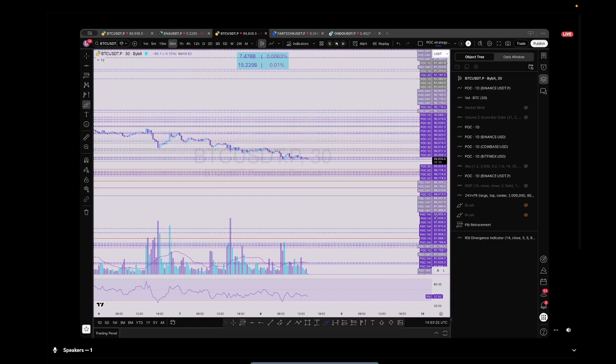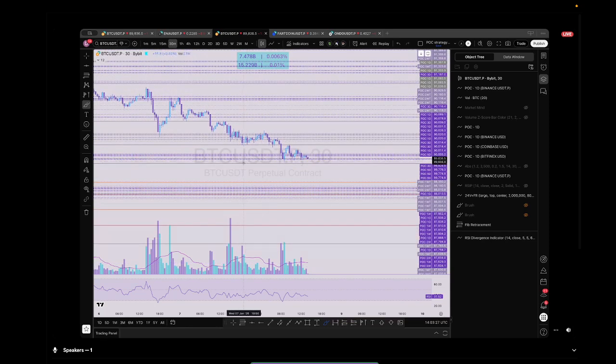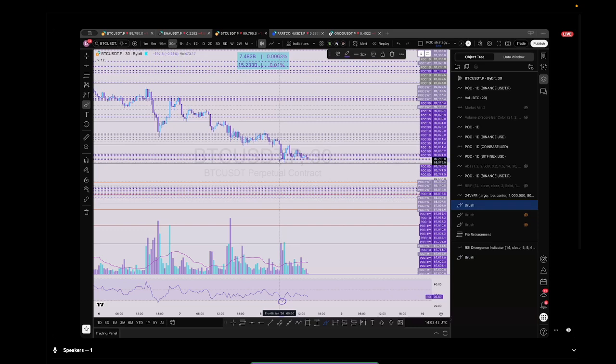Sorry for my English, guys, I'm Italian, so I have a little bit of spaghetti English. But anyway, a div is when we make an oversold peak like this one, for example, on the 30 minutes. So this will be our signal that we can enter a trade, and we will target the POCs below.